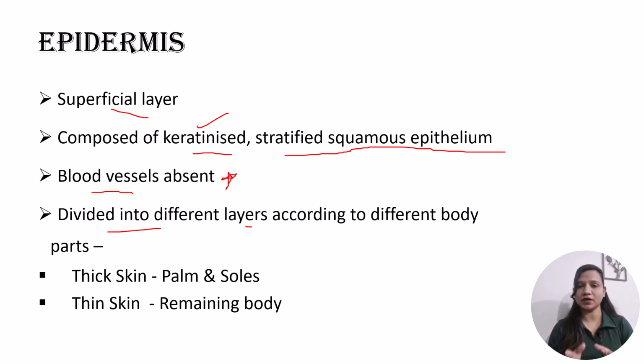Where the skin is thicker, there are 5 layers of epidermis, and where the skin is thinner, there are 4 layers of epidermis.